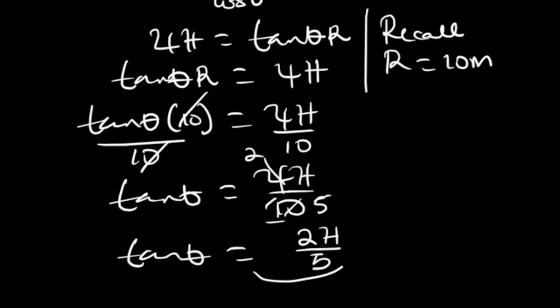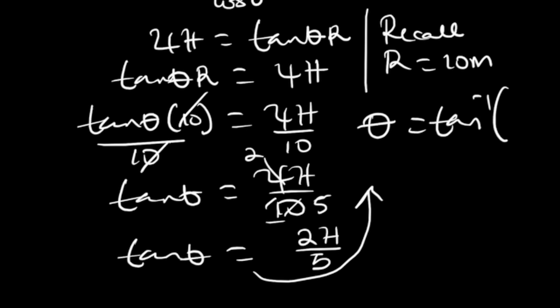Let me continue up here. To solve for theta, what do we do? We simply take the inverse, right? So we say that theta is equal to tan inverse 2h all over 5.